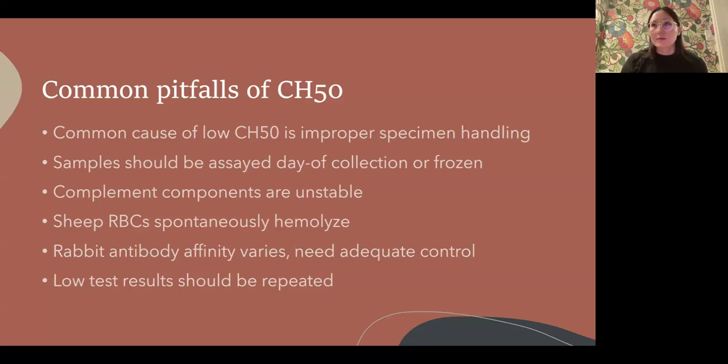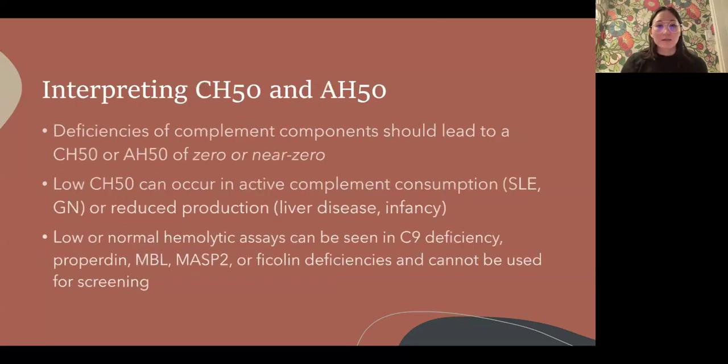So if it's not run the same day, or it's not frozen to be assayed, then things might degrade, and the sheep RBCs hemolyze pretty easily. And the rabbit antibody affinity really varies from batch to batch, so you need to make sure you have an adequate control. So ultimately, if you have a low test that's not 0, then you should repeat it, just for that fact alone.